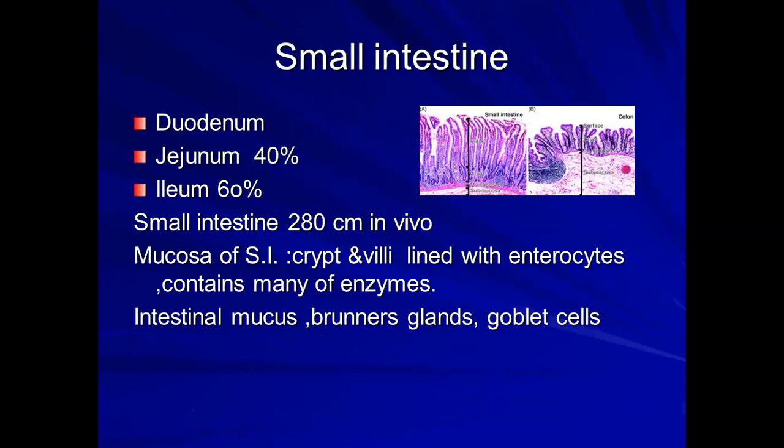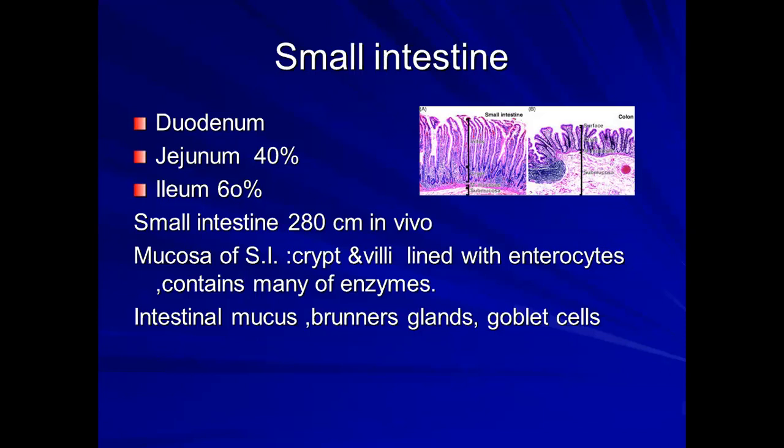So we will continue our journey in the small intestine. We discussed that the first part is the duodenum, the jejunum is 40%, and the ileum is 60%. The small intestine length is 280 centimeters in vivo; in vitro it would be longer because there is no contractility.